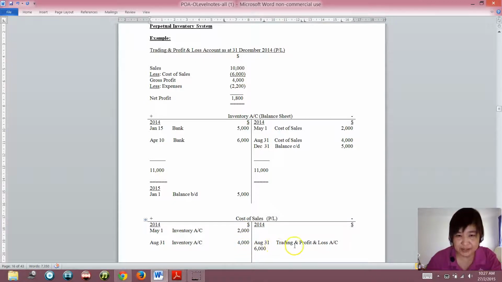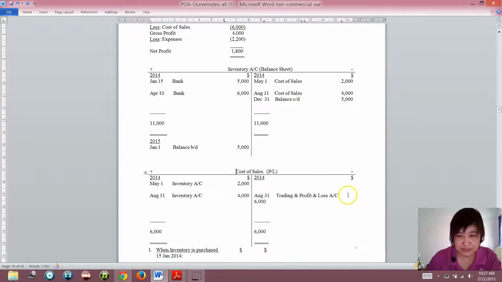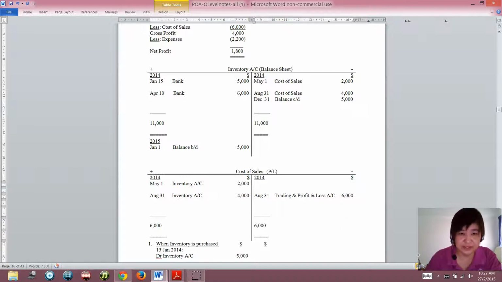And at the end of the year, this 6,000 will be transferred to the trading account.